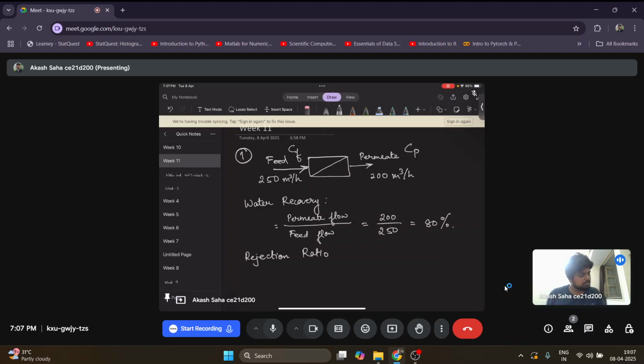So we define rejection ratio as 1 minus Cp by Cf, into 100. This is how we define the rejection ratio, like how much rejection of the contaminant or the pollutant is happening through the membrane. So these are the two basic parameters which we generally come across in membrane filtration.